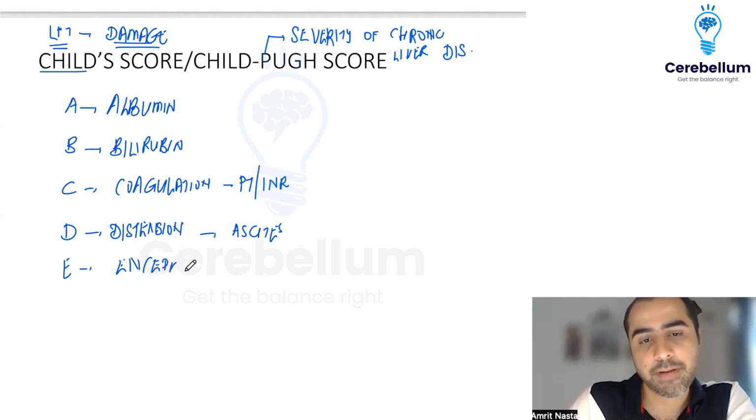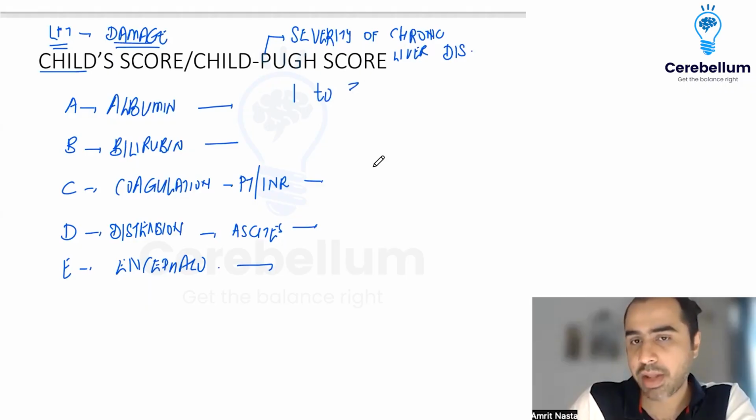So these are the 5 things that I measure. Each of these is given a score from 1 to 3. The maximum score will be 3 in each, so the maximum is 15, and the minimum is 1 in each, so that will be 5.